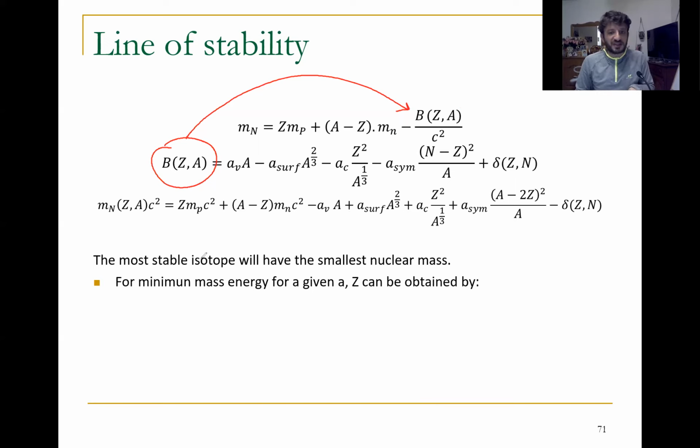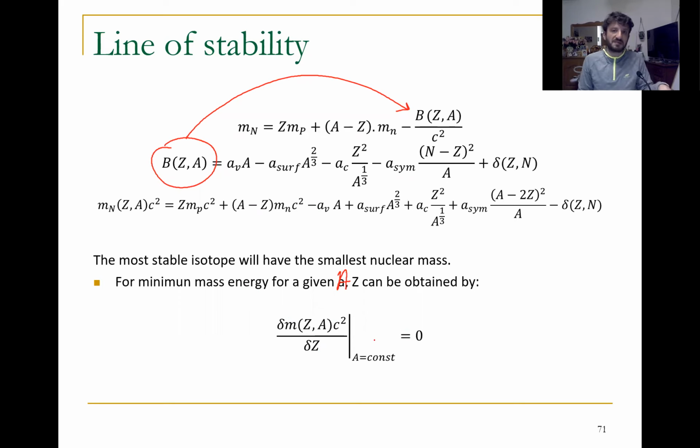The most stable isotope will have the smallest nuclear mass. For minimum mass energy for a given A, Z can be obtained by the derivative of M c squared with respect to Z equals 0.